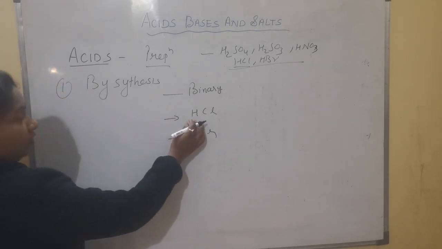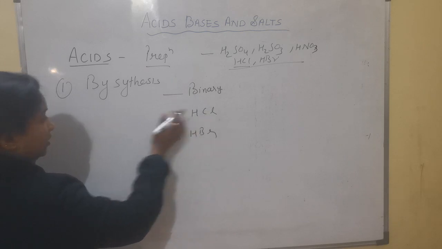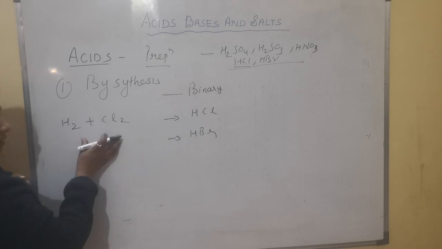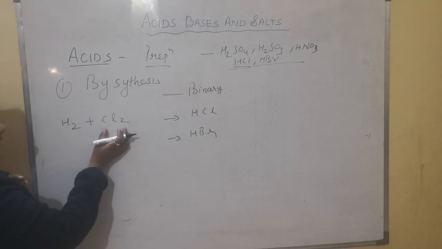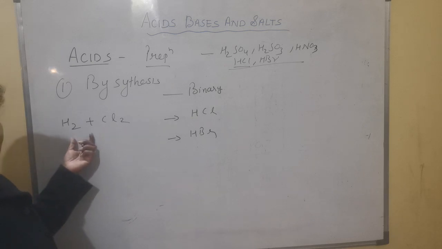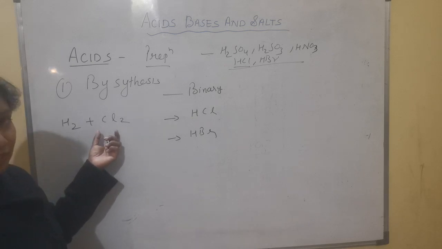So here you can see that hydrogen and chlorine are present. So just do one thing, combine both of them. H2 and Cl2. These are diatomic molecules, means they exist in this form. So 2 atoms join together. So Cl2, H2, like that. They exist like that. They are diatomic molecules.